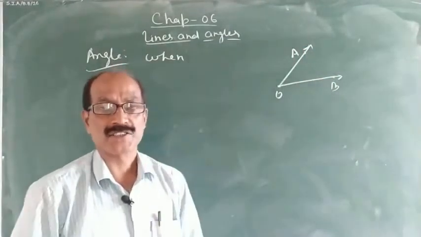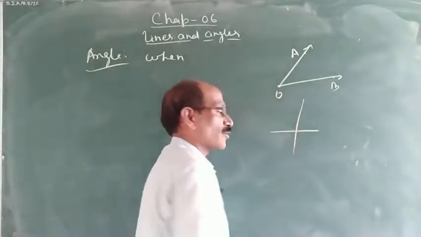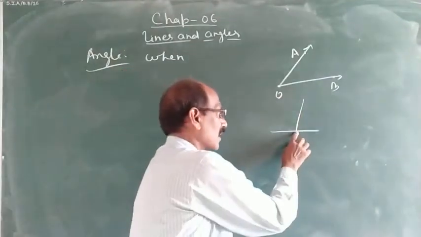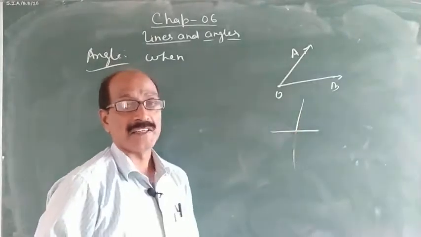There is some difference between passes and meets. Suppose lines pass through each other, cross each other, that means passes. If the end point is finished, that is the join.